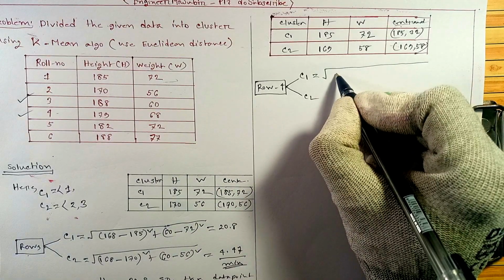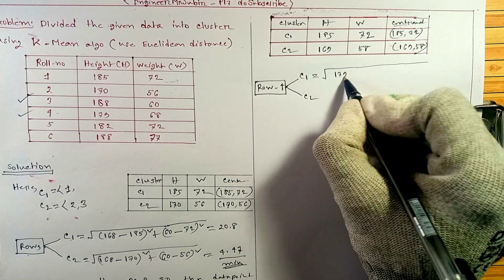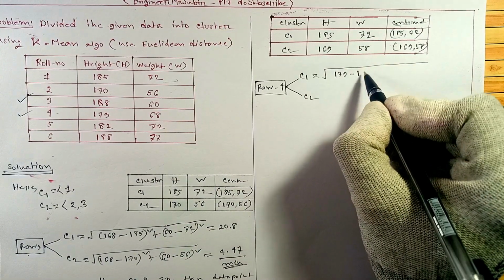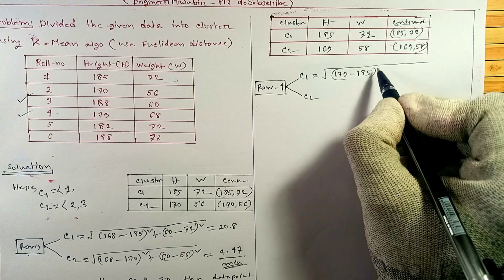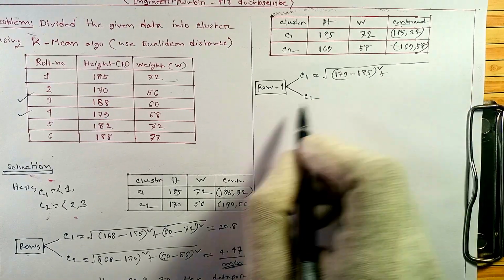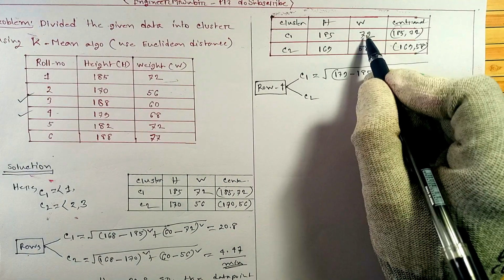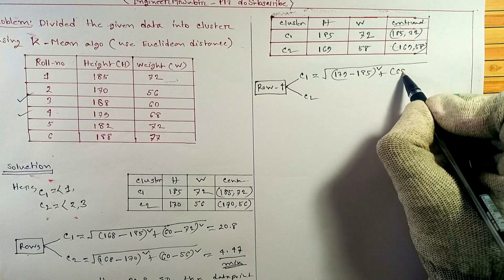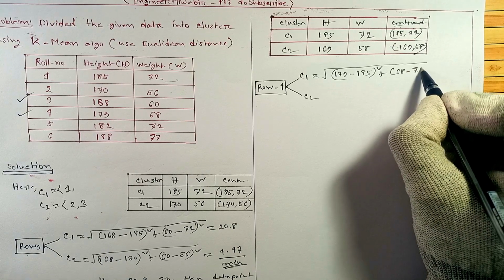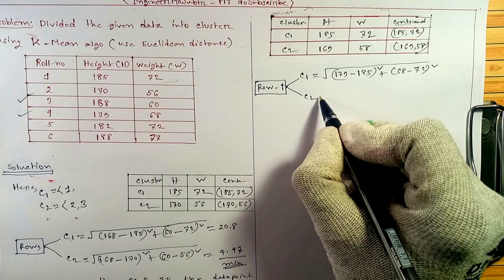Okay, let's compute: 179 minus C1, 185, whole square, plus the weight 68 minus 72 whole square.